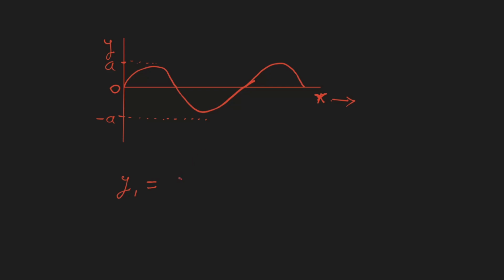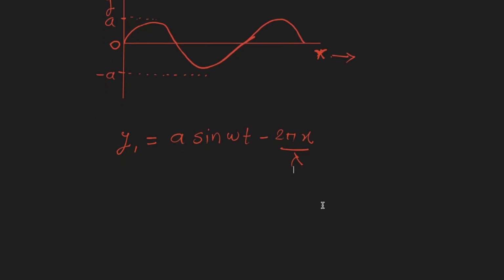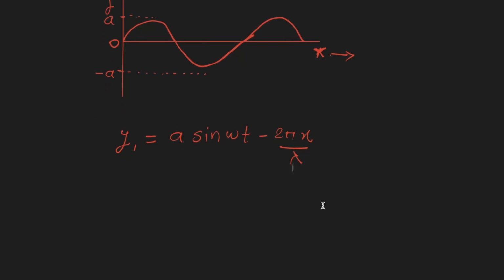Therefore this is given by A sin omega t minus 2 pi x upon lambda. We have learned this wave in previous equations कि ये वेव कैसे आती है. y1 equals A sin omega t minus 2 pi x upon lambda.